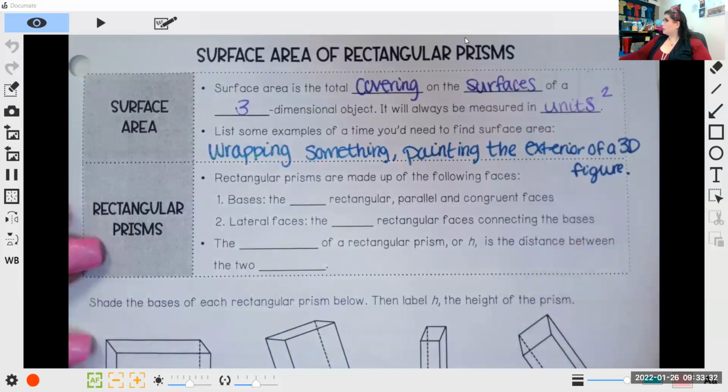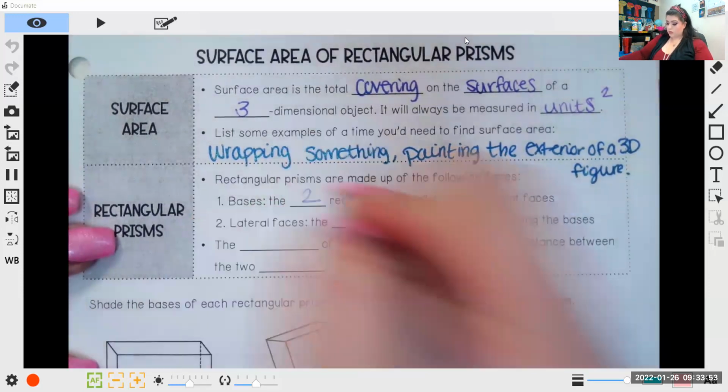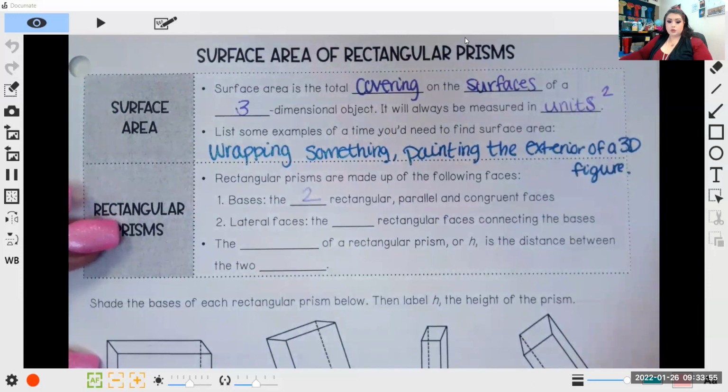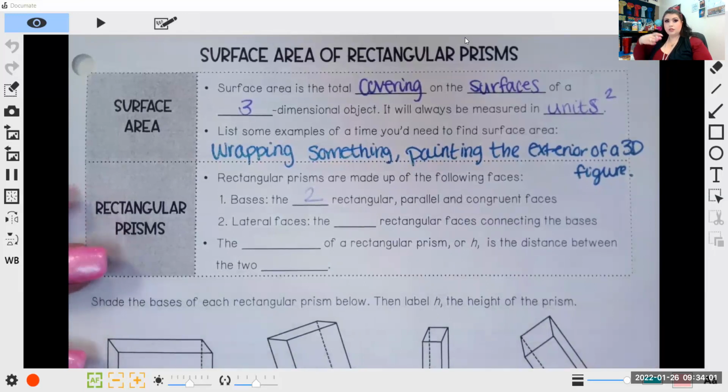Now, today we're going to focus more on the surface area of a rectangular prism. Rectangular prisms are made up of the following faces. First, your bases, the two rectangular bases, and they're parallel and congruent.